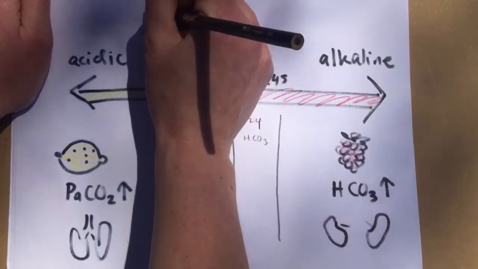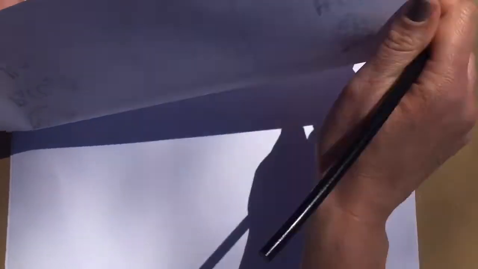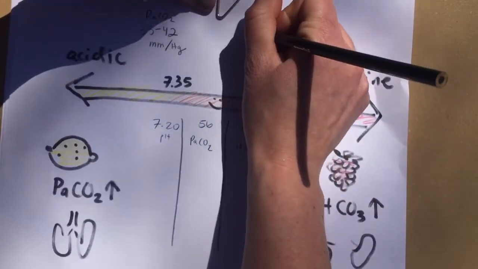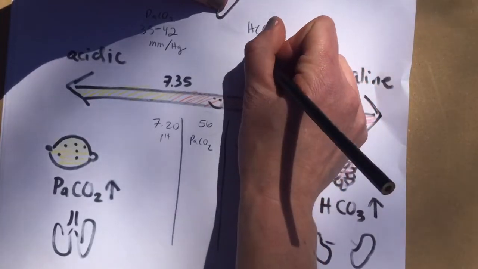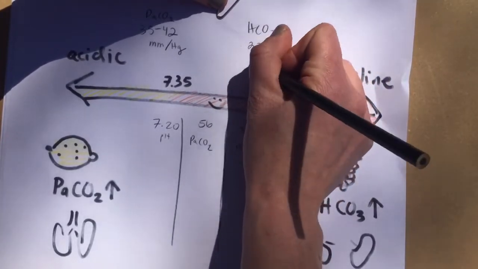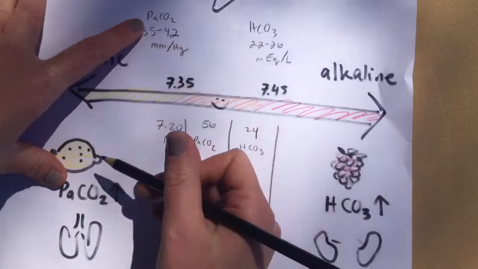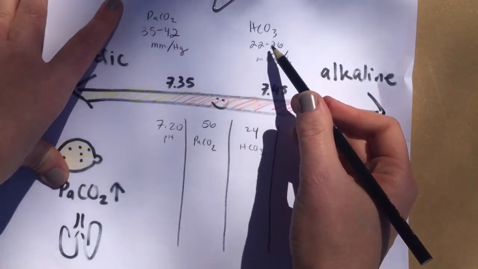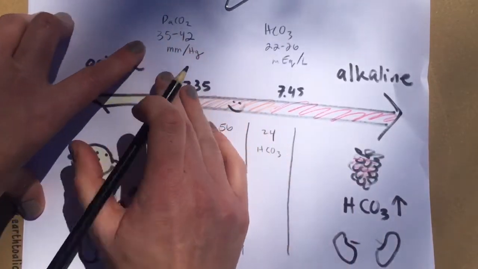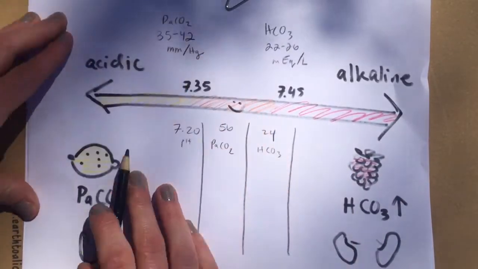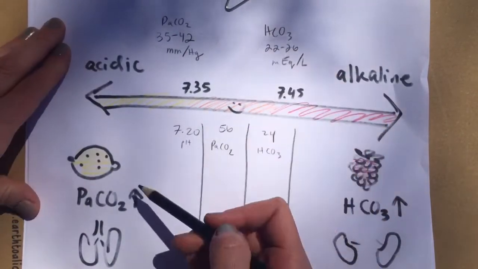And the normal for bicarb, HCO3, is 22 to 26 mEq/L. So 35 to 42 lemons, let's say, and 22 to 26 berries. If you can visualize that in your head, I feel like it might help a lot. Visualize 35 to 42 lemons, associated with PaCO2, and 22 to 26 berries, associated with HCO3.